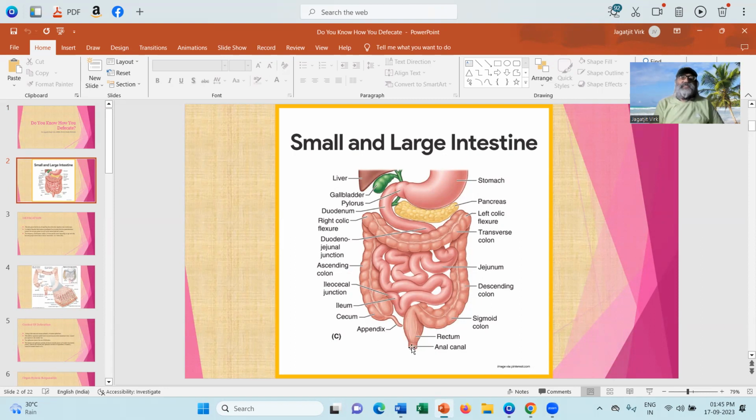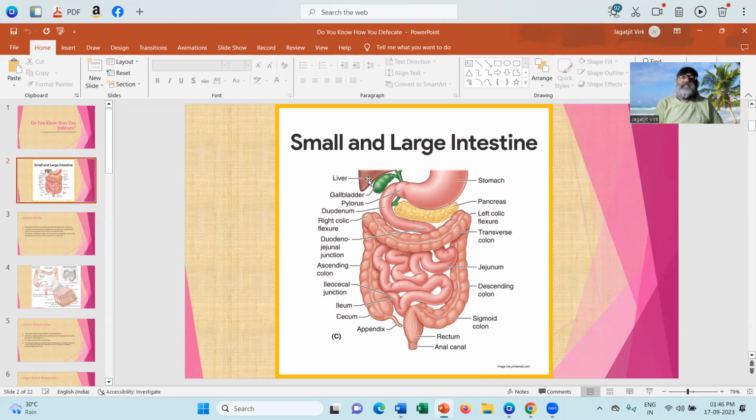This is our gastrointestinal system, and here I would like to tell you that this is the pancreas, which is behind the stomach, and this is the gallbladder, and here the gallbladder and pancreas both open into the duodenum, and here is the common bile duct, which comes from the liver and gallbladder.